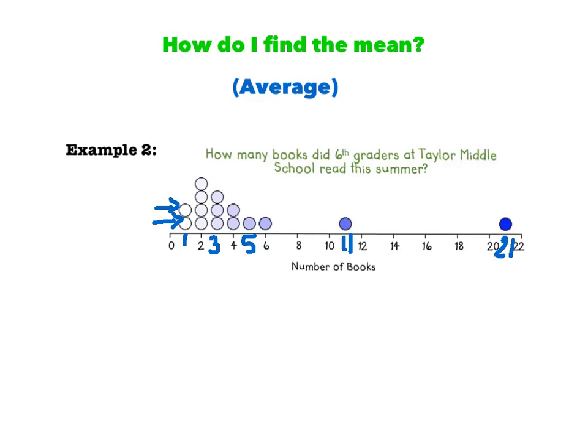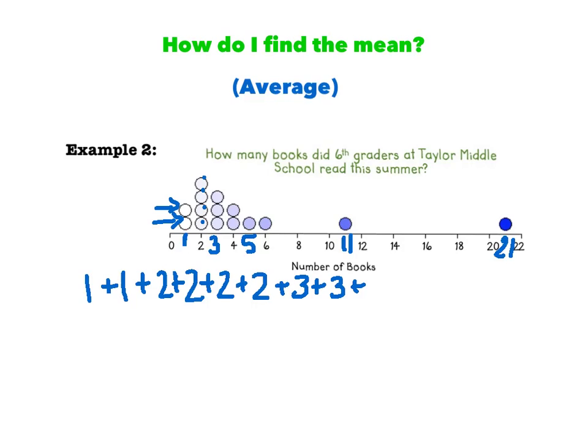So when I find my average, I'm going to find 1 plus 1, and I've got 1, 2, 3, 4 2's, plus 3 3's, plus 2 4's, plus 1 5, a 6, an 11, and a 21.